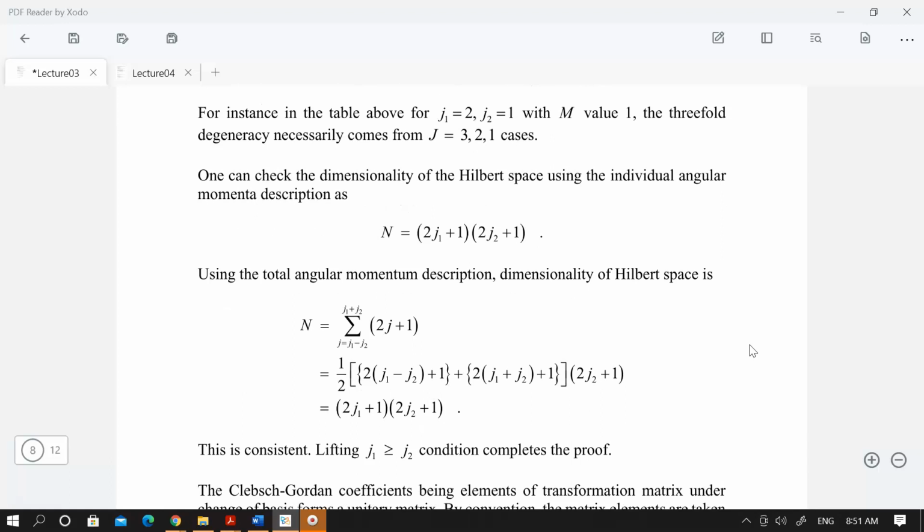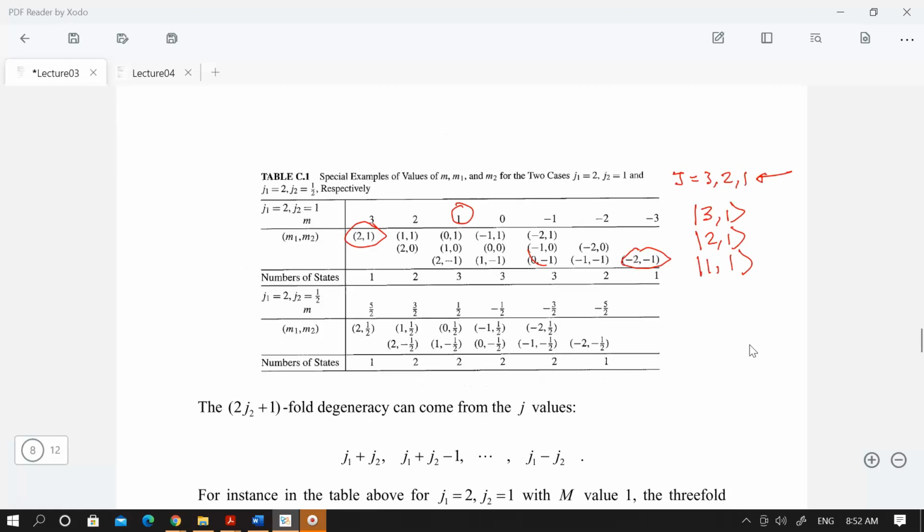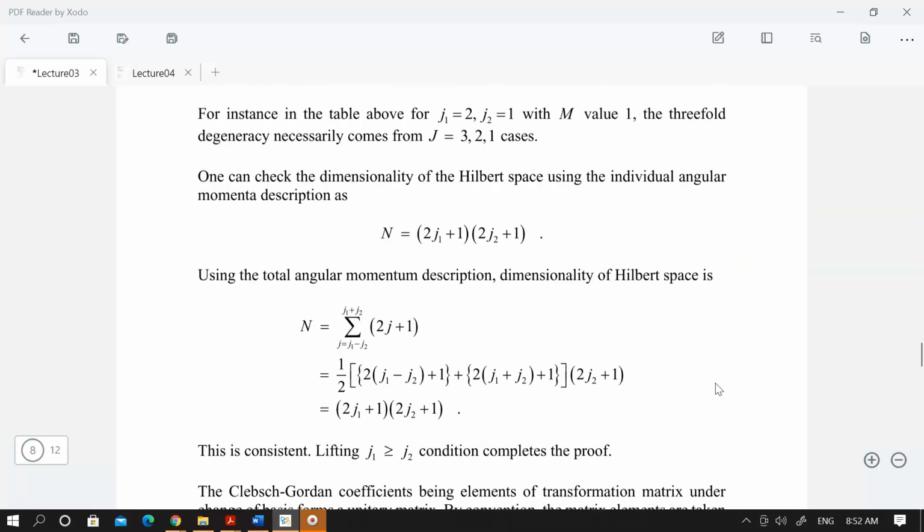If you consider the dimension of the total Hilbert space, that should equal the individual Hilbert space dimensions multiplied by each other.